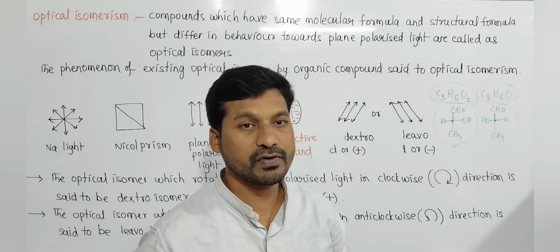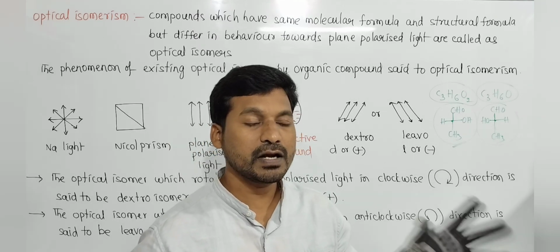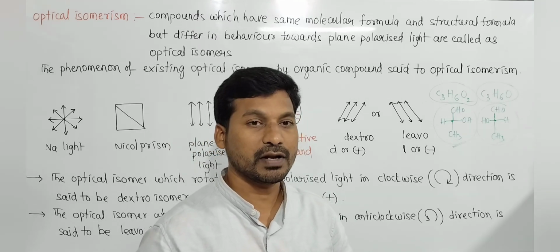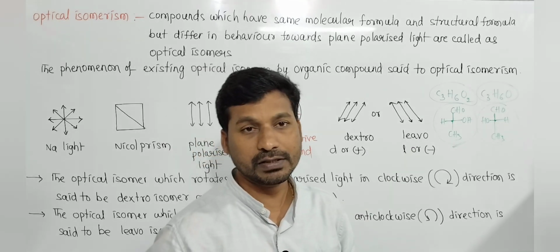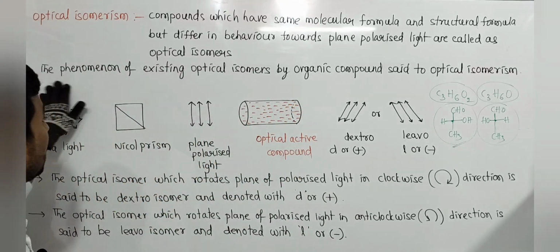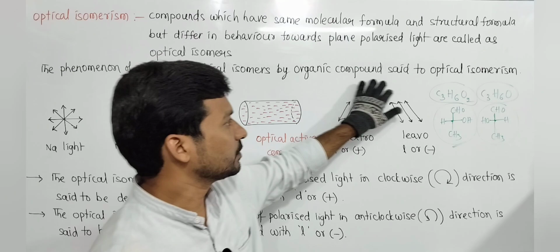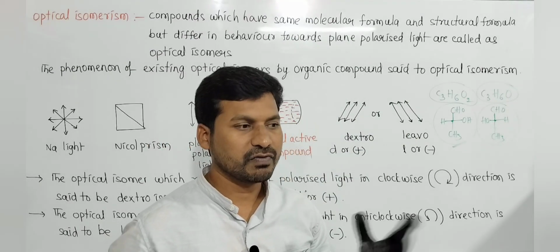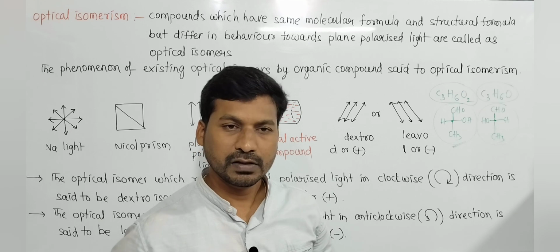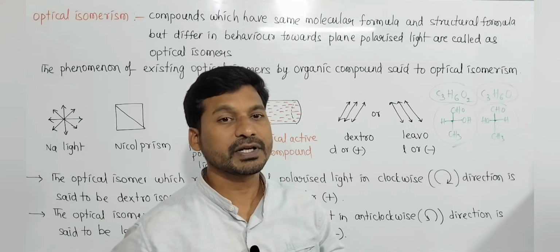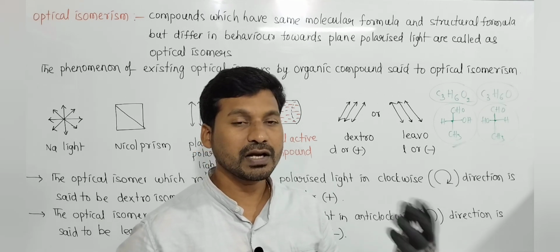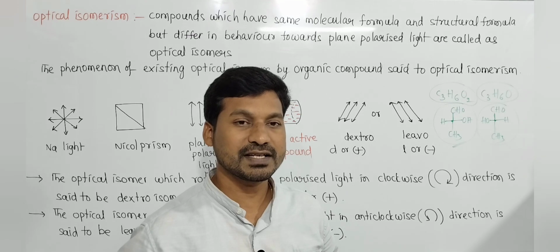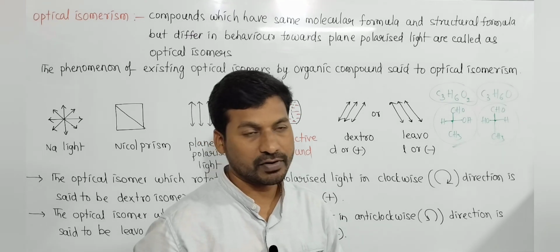Compounds that differ in behavior towards plane polarized light are said to be optical isomers, and the phenomenon of existing as optical isomers by an organic compound is said to be optical isomerism. So if a compound shows optical isomers, that is its optical isomerism. A compound showing optical isomerism means the compound exists in different optical isomeric forms.